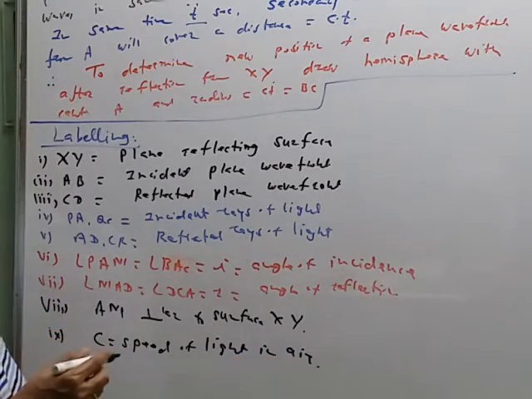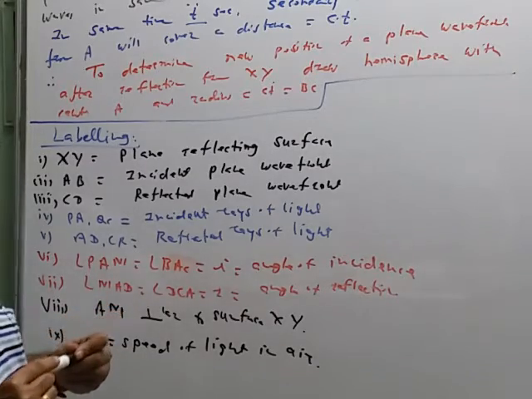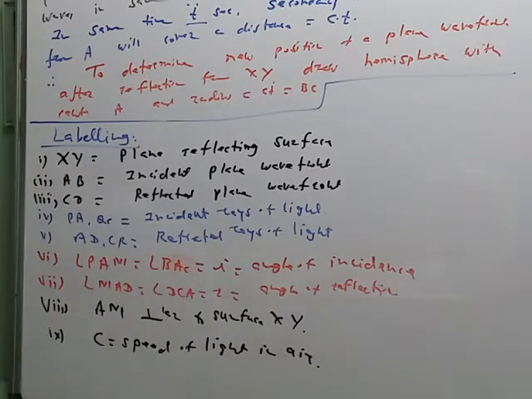Speed of light in air like this. So labeling हे पण आपल्याला याप्रमाणे देता येऊ शकतात. So check the points of labeling.